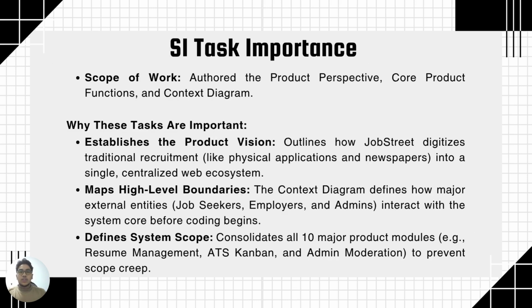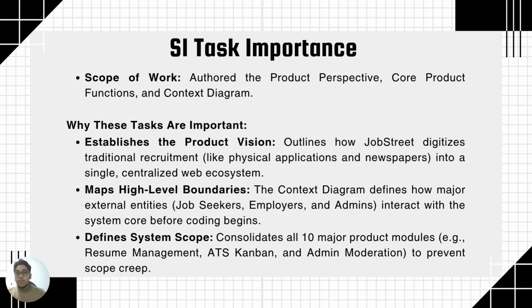For Section 1, task importance. Number 1, scope of work: the product perspective, core product functions, and context diagram. Why are these tasks important? Number 1, it establishes the product vision. It outlines how Jobstreet digitizes traditional requirements like physical applications and newspapers into a single centralized web ecosystem.